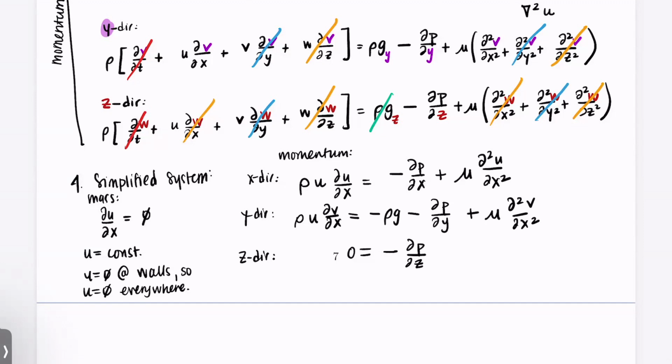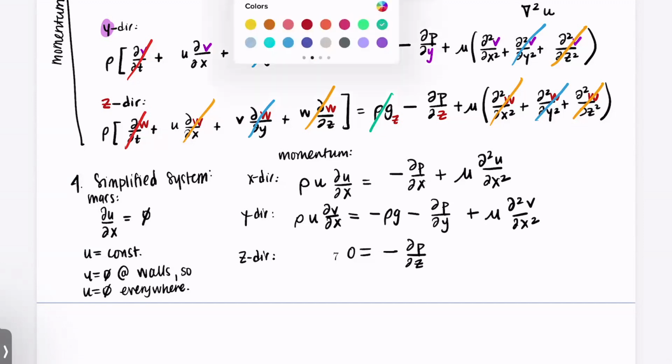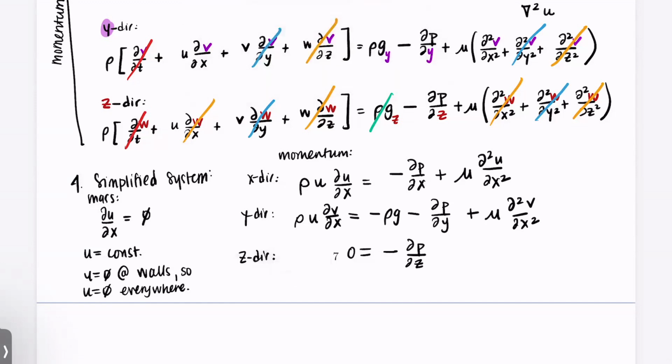I need another color. All right, since I have that u is equal to 0, I can use that to clean up my momentum even more. So this goes to 0 and this goes to 0, as does that one.